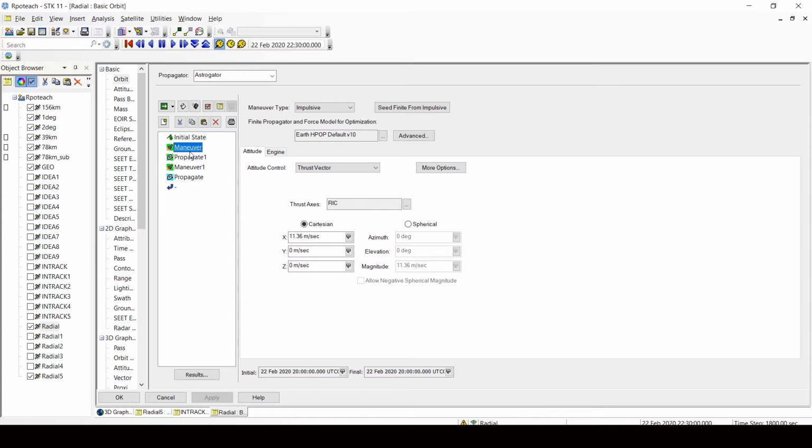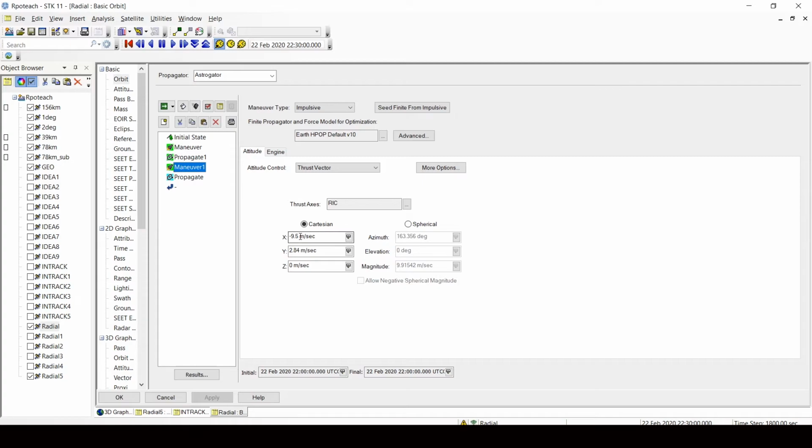So the radial burn that we're going to have to employ should be some factor less than this. This was the initial velocity that shot us away from the Earth, but now the Earth is pulling on this object. So I've just decided to estimate here that it's going to be about a negative 9.5 meters per second.